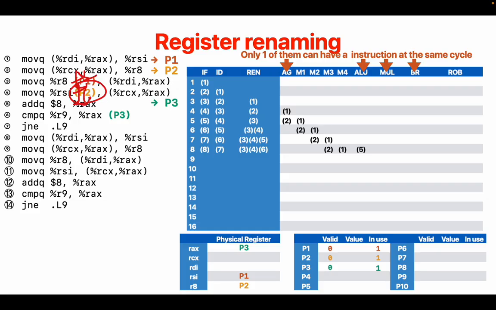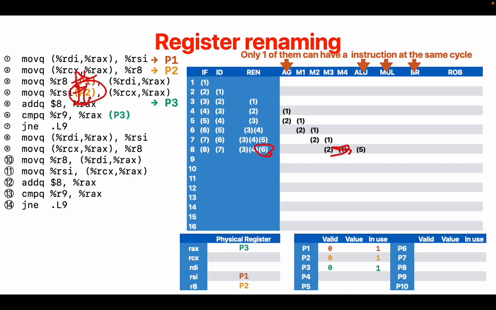No, why not? Right? So because instruction 1 is right now in M4, right? After M4, the value is available, right? So why not, right?